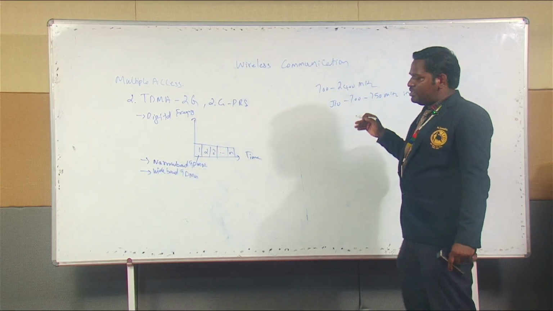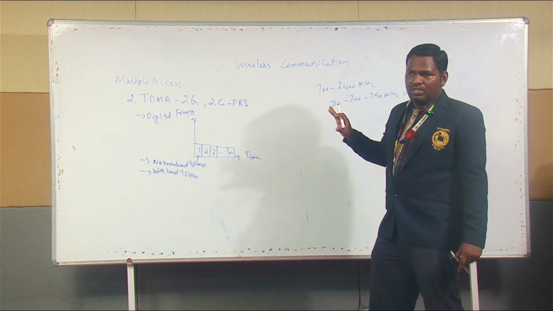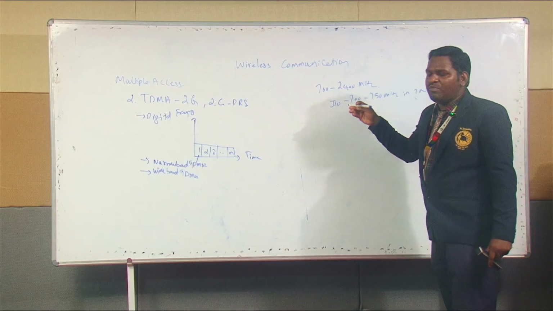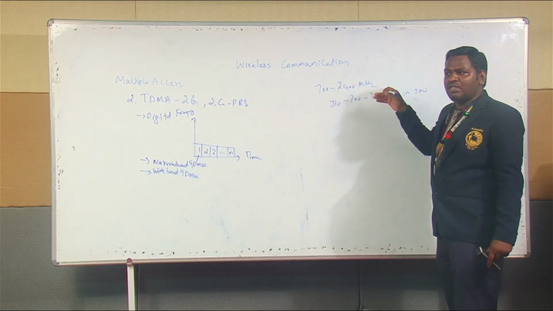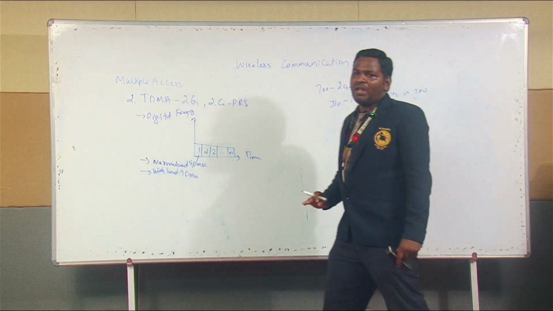Again, this is also an application specific multiple access technique. The number of users, the area where we deploy the infrastructure and other things decide whether we want to go with narrow band or wide band TDMA.